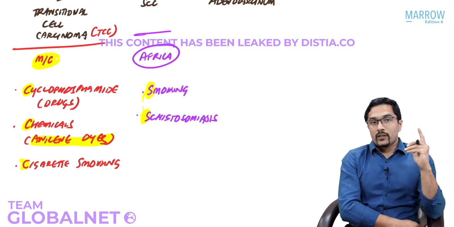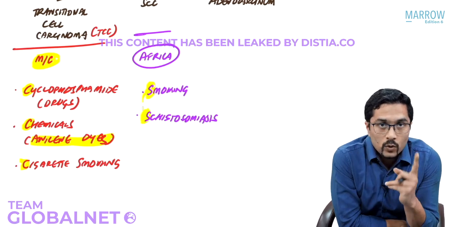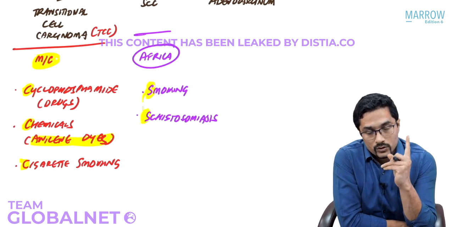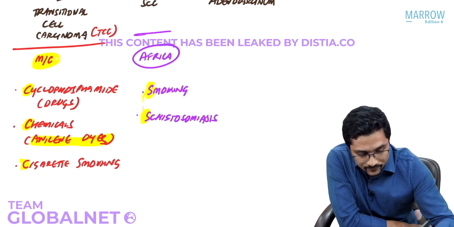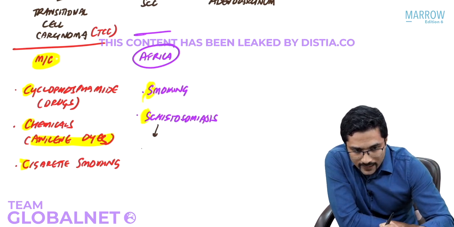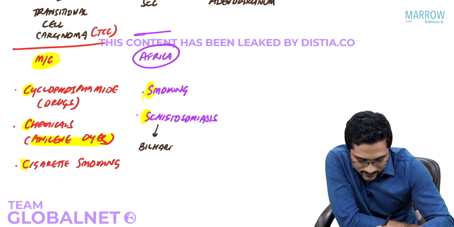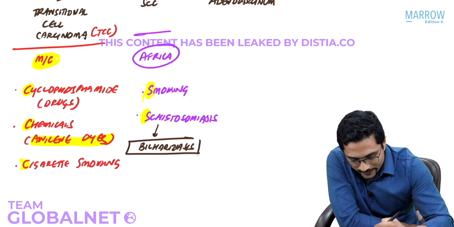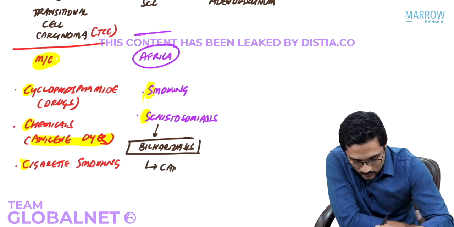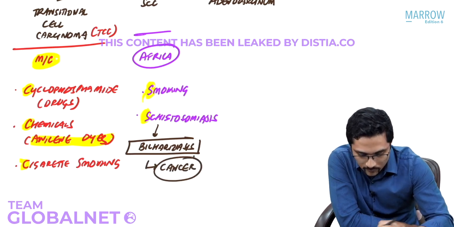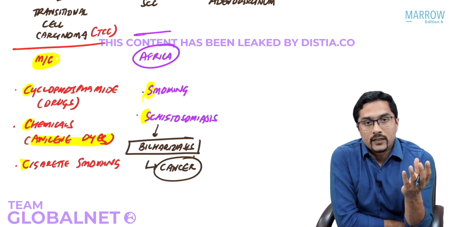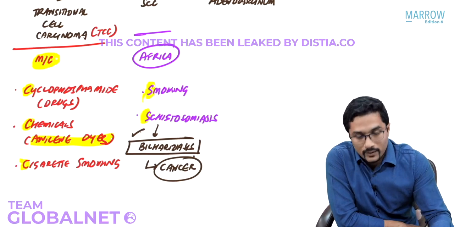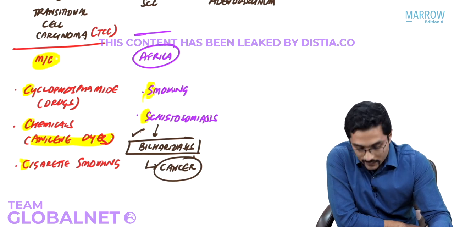Another point which you need to remember, that smoking not only predisposes to transitional cell cancer, but also to squamous cell carcinoma. Now, schistosomiasis can give rise to bilharziasis, and this condition can in turn predispose the patient to cancer. So in some terms, bilharziasis is a pre-malignant condition which can predispose the patient to bladder cancer, a squamous cell carcinoma.